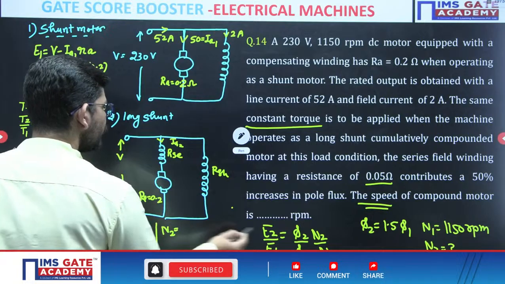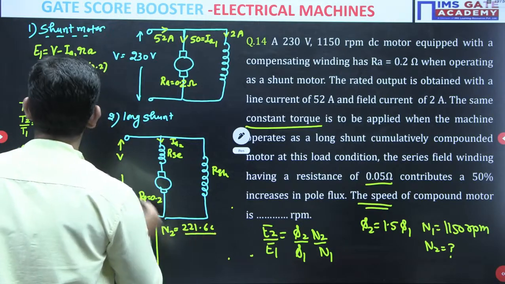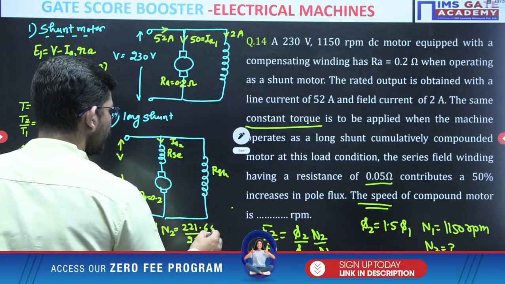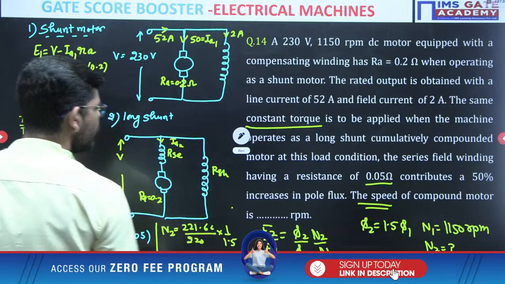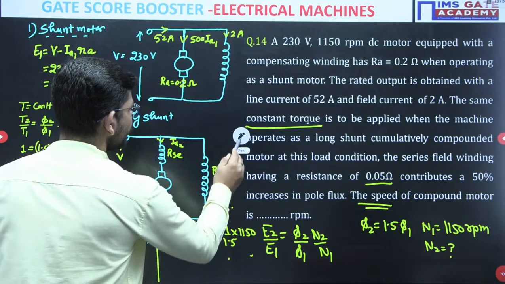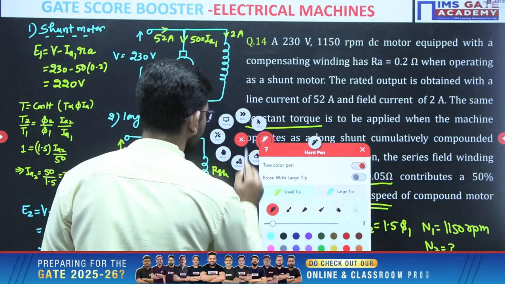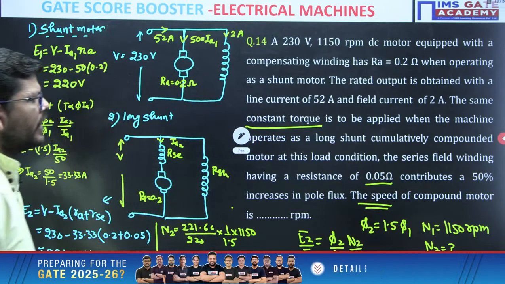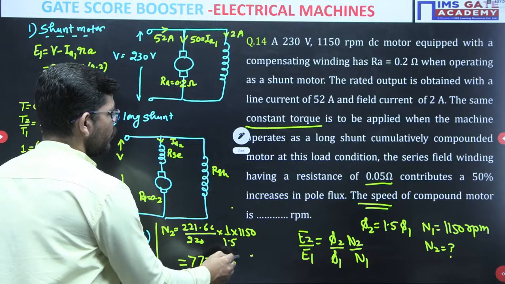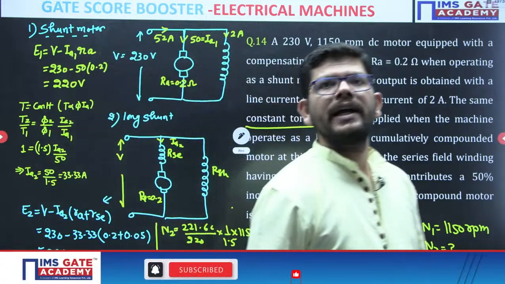N2 will be E2 upon E1, so 221.66 upon E1, which is 220, into phi 1 upon phi 2, which is 1 upon 1.5, into N1, and N1 is 1150. When you calculate it, the answer we get is 772.45 RPM. Got it? Which Medha and Bhavani are getting.